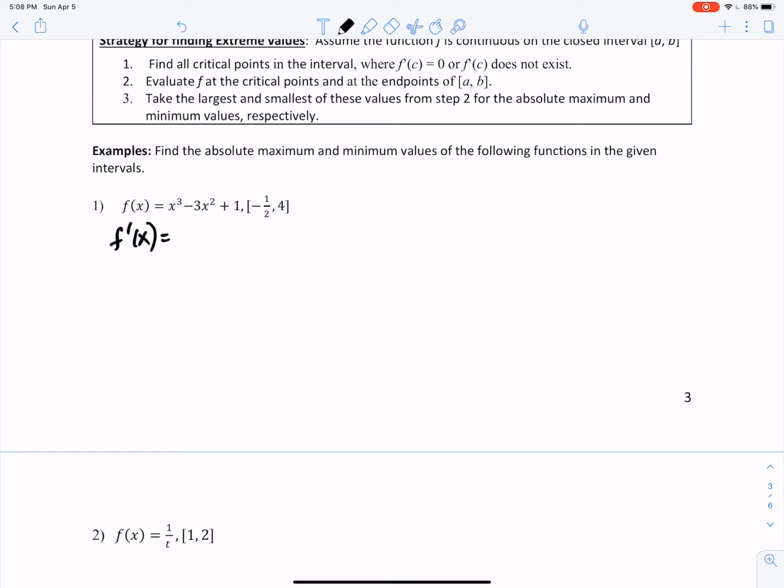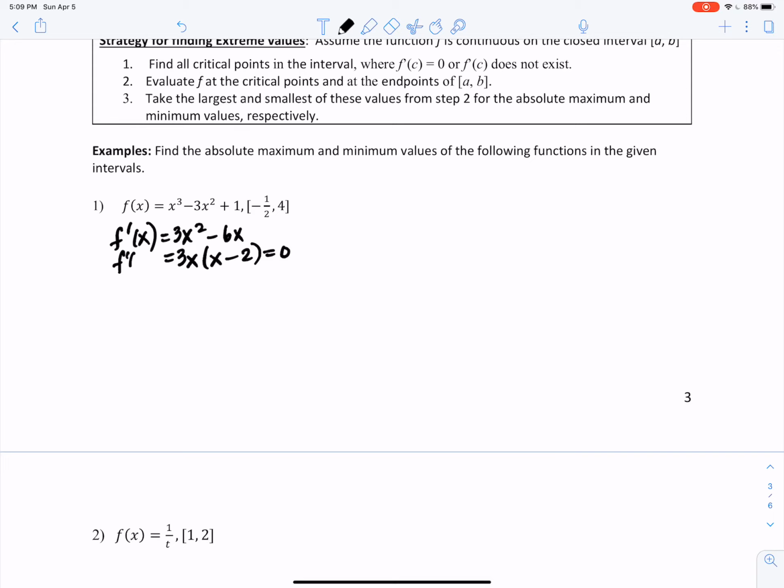The derivative of x cubed is 3x squared. The derivative of negative 3x squared is negative 6x, and the derivative of 1 is 0. I can simplify this a little bit by factoring out 3x, and I end up with 3x times x minus 2.